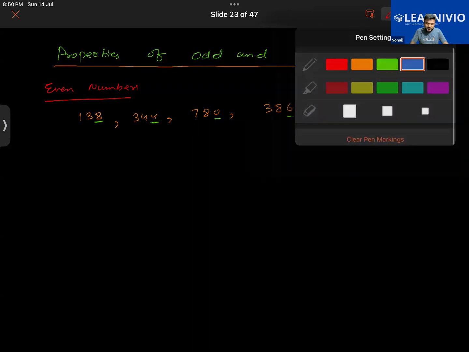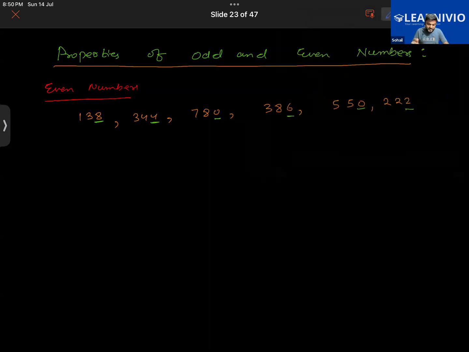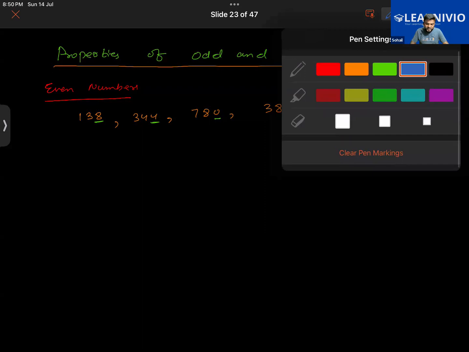I'm writing down some of the numbers. First of all, give this heading: properties of odd and even numbers. Then write down the definition of even number first.